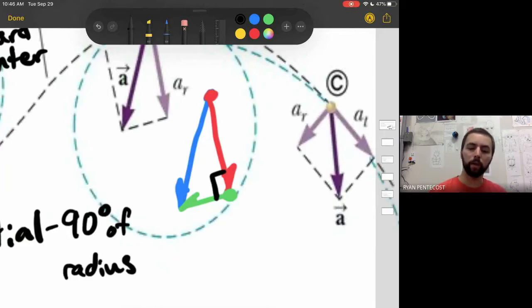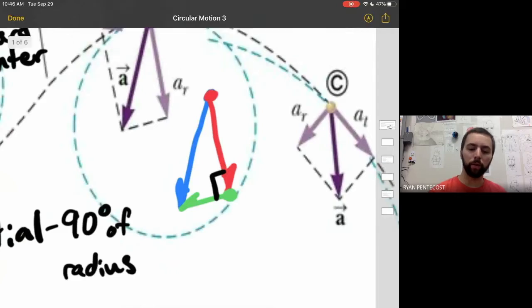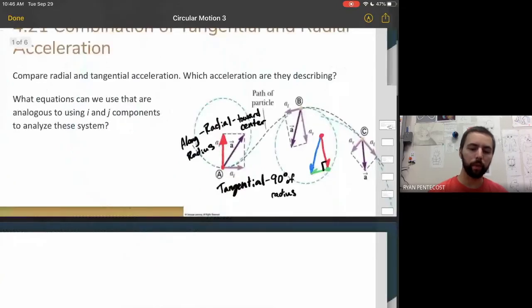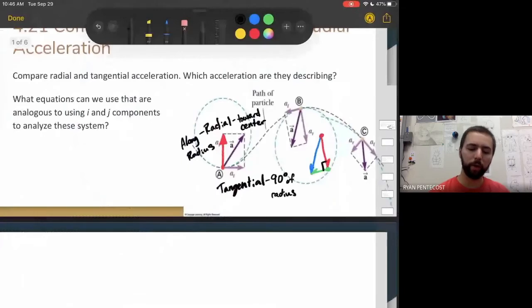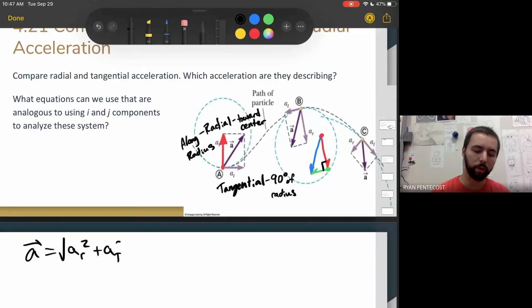So this is not an unusual thing that we're trying to do here. If we want to describe a triangle, one thing we can say is that the total acceleration is equal to the square root of radial acceleration squared plus tangential acceleration squared, right? That's one way to do it.